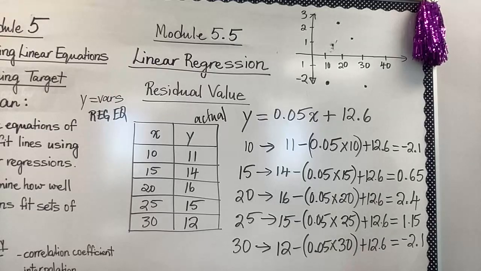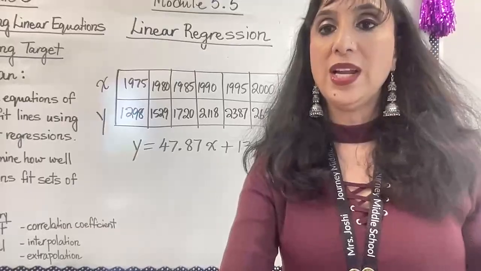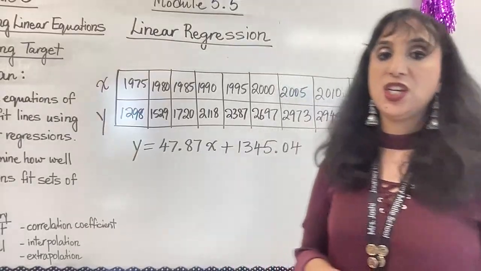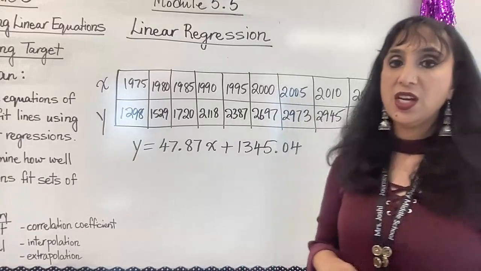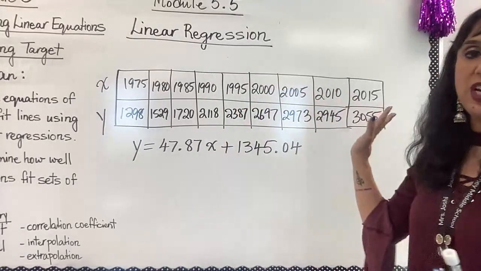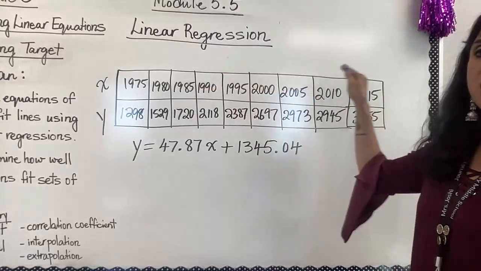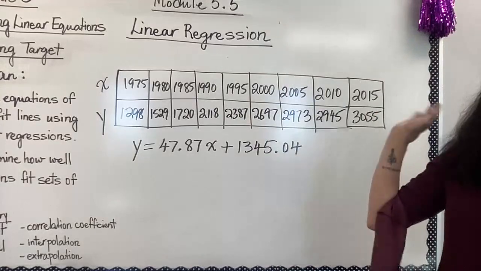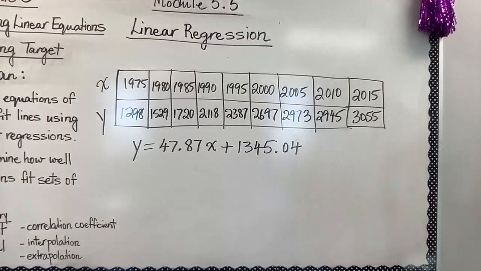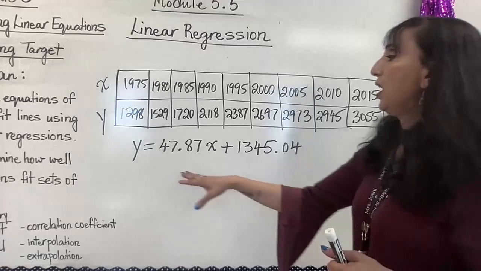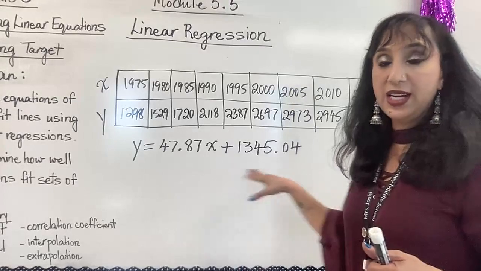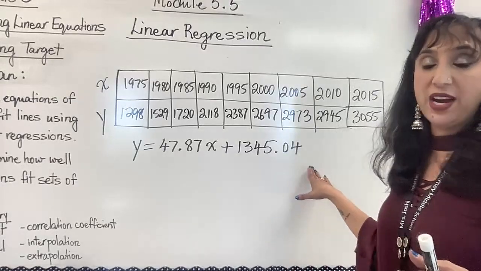Let's quickly understand interpolation and extrapolation. I've given some values here, going from 1975 in fives to 2015 for the year, with certain values given under that. The line of best fit is computer generated, and this is what has been provided to me.